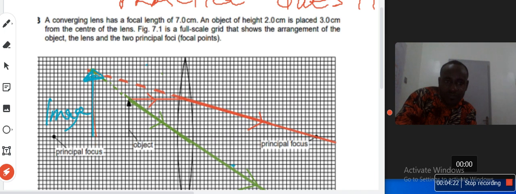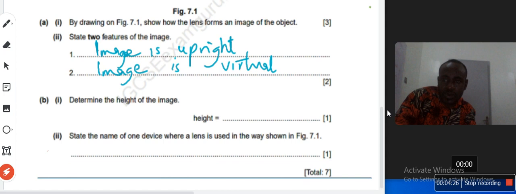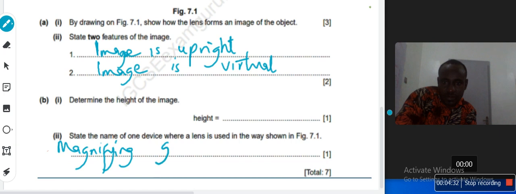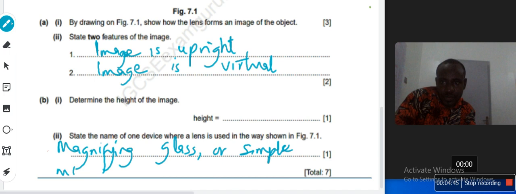So this can find practical application in a magnifying glass or simple microscope.